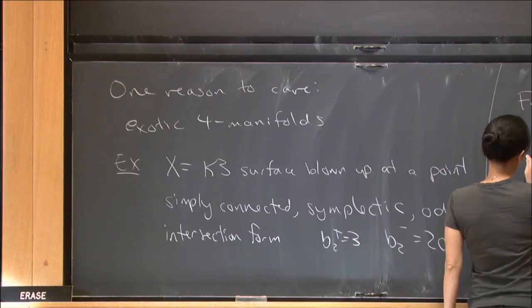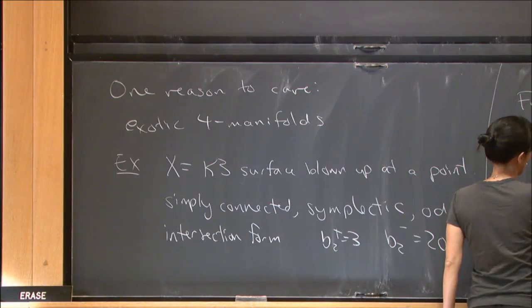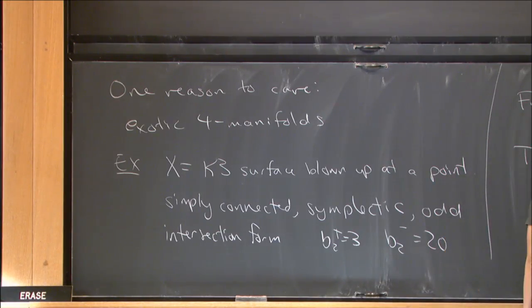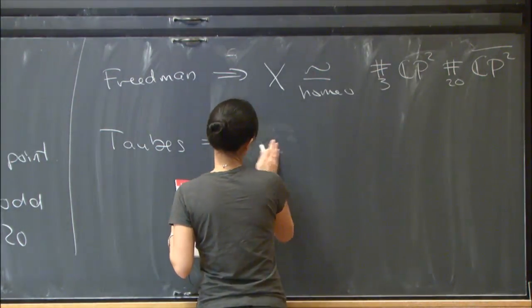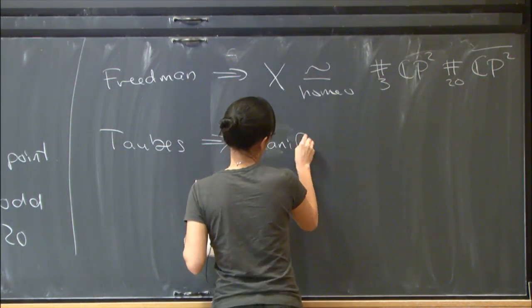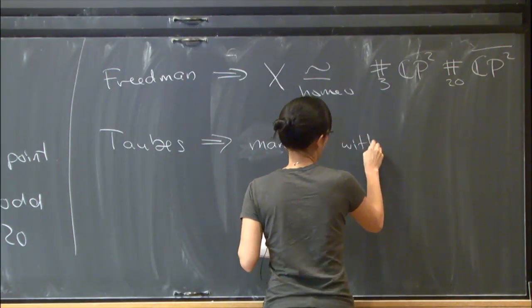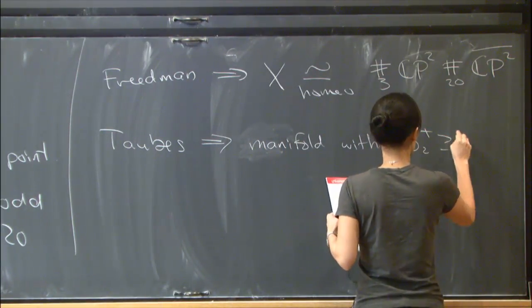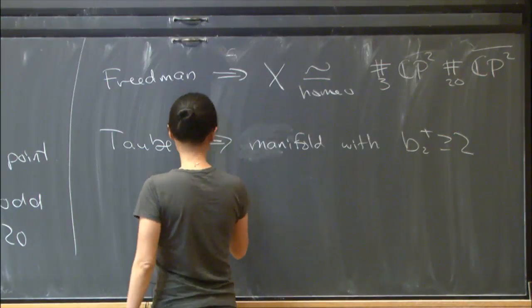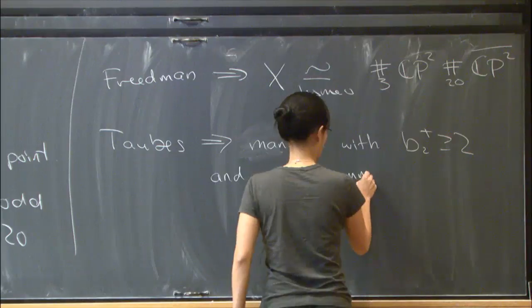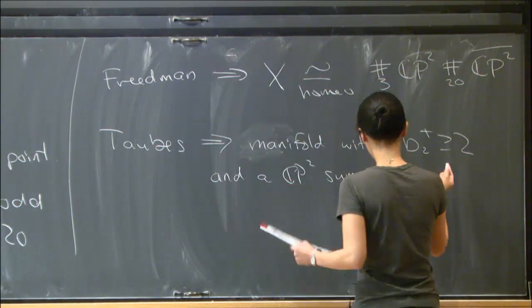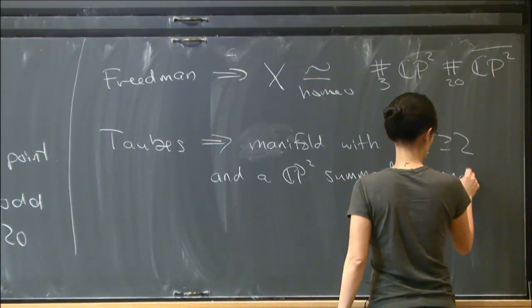Whereas work of Taubes using Seiberg-Witten invariants tells us that a manifold with b2 plus at least 2 and a CP2 summand cannot be symplectic.